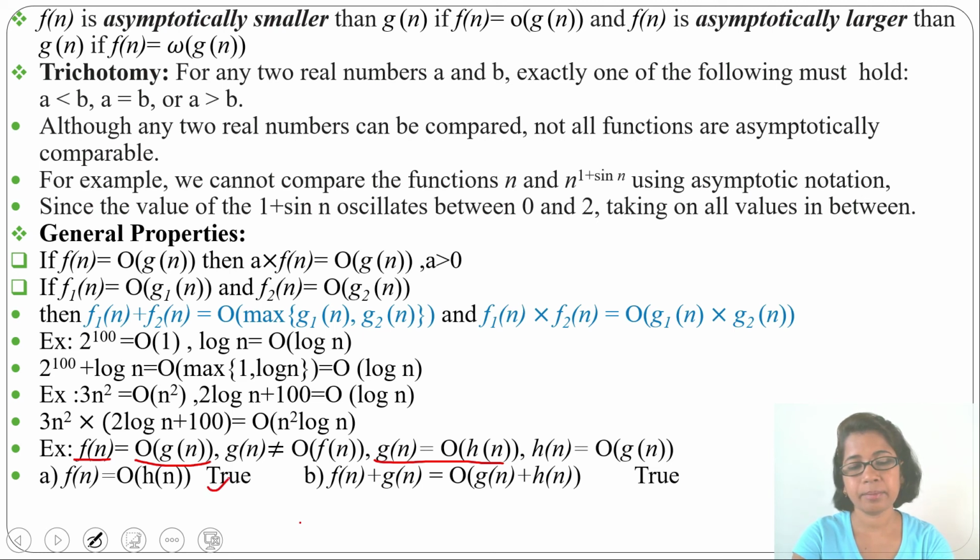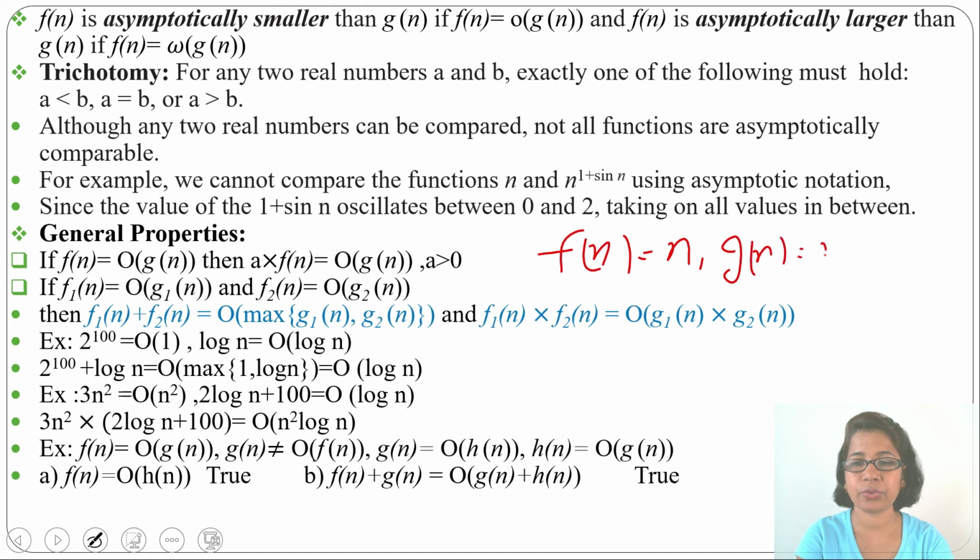Next, f(n) plus g(n) equals big O of g(n) plus h(n). According to the formula, it should be the maximum of g1(n) and g2(n), but here addition is given. Let's take one example. f(n) equals n, g(n) equals n square.